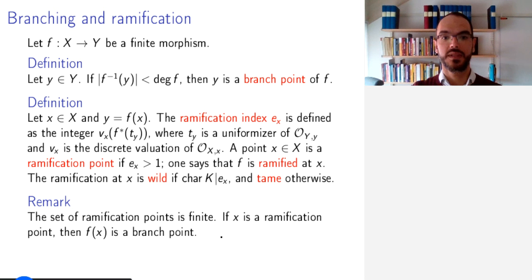So ramification on the x side and branching on the y side correspond somehow to the deviation of this rule that a map of degree n should map n different points to one single point.